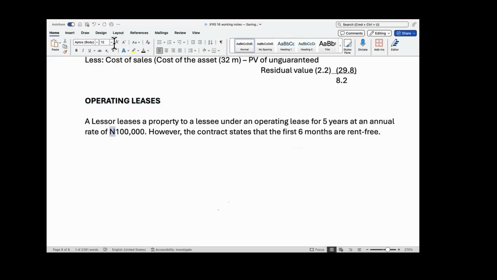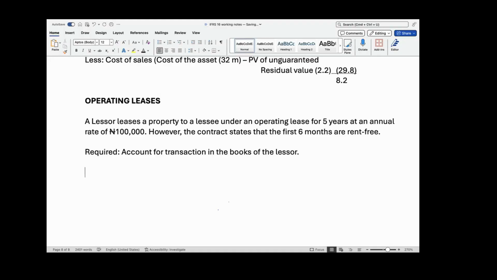However, the contract states that the first 6 months are rent-free. Okay. So the requirement here is to account for the transaction in the books of the lessor.